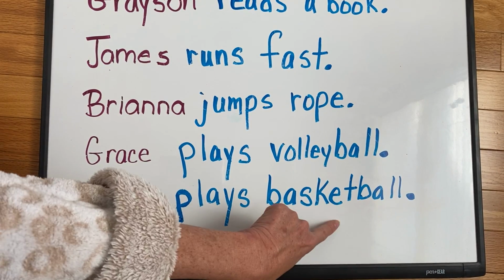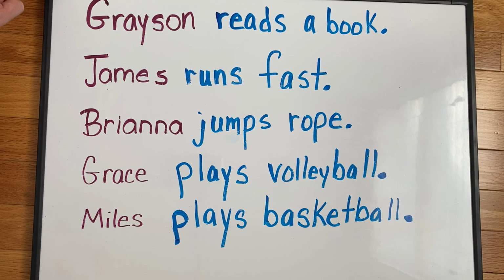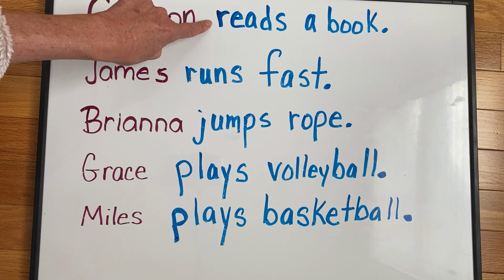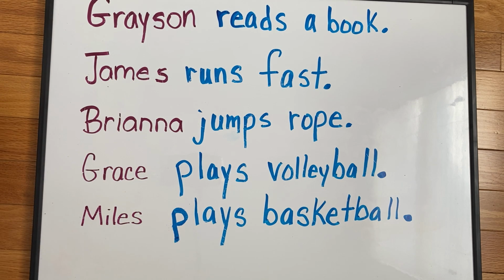So plays basketball is in the telling part of the sentence. So you've learned that today a sentence has two parts. The naming part, which is who the sentence is about, and the telling part, which tells us what the person is doing.